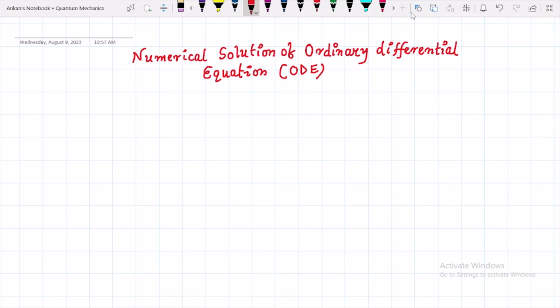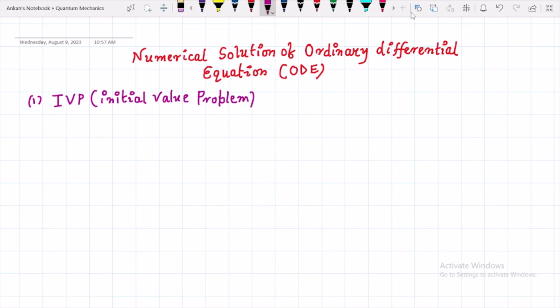Okay, so there are various possible methods for the numerical solution of ODE, and we can classify the methods in two types. The one is IVP, means initial value problem.